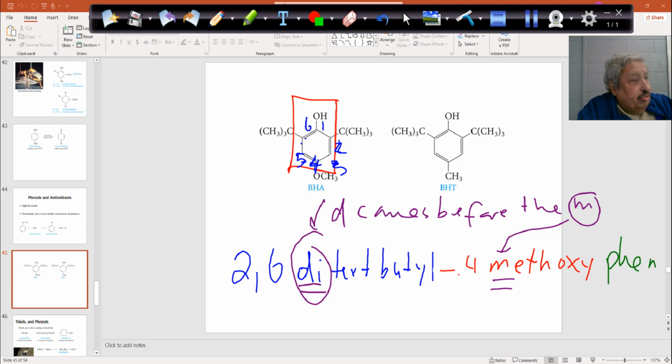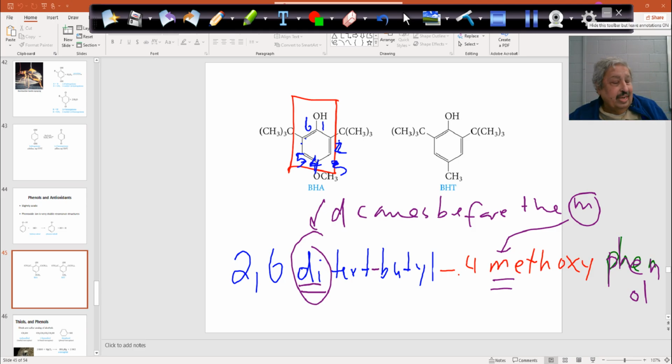So our naming is correct. So 2,6-ditertiary butyl, dash, 4-methoxy, and at the end is phenol. That's the skeleton: phenol.